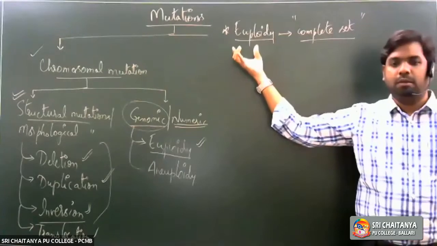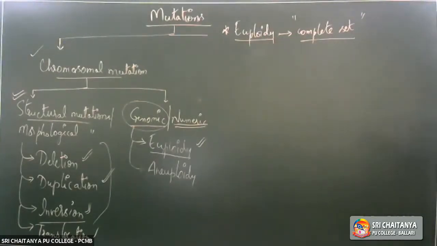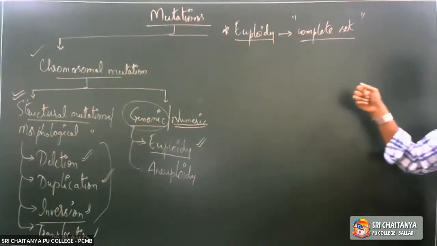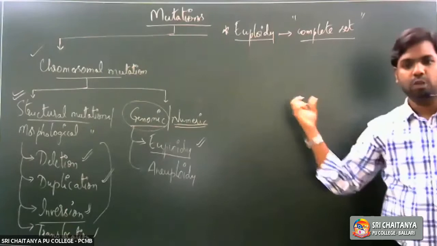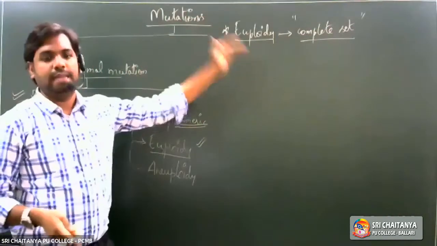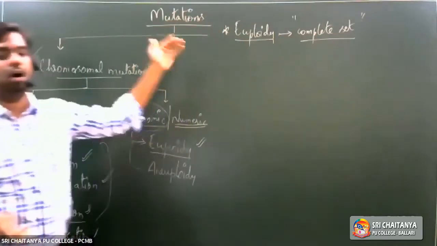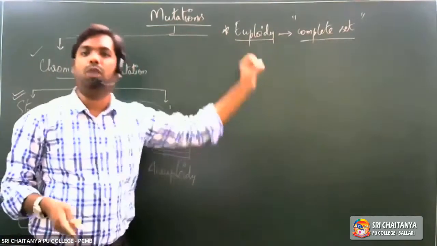So this is what we call euploidy. What happens in euploidy is there is either an increase or decrease in one complete set of chromosomes.